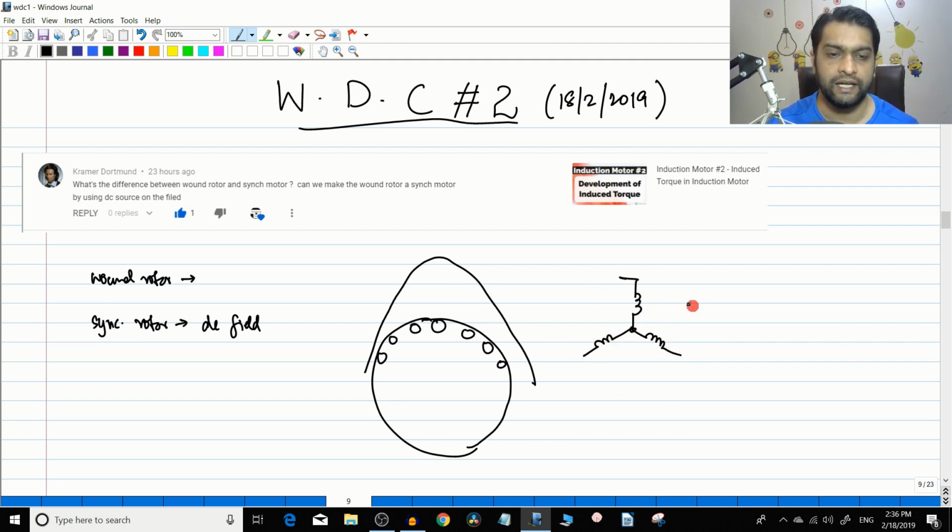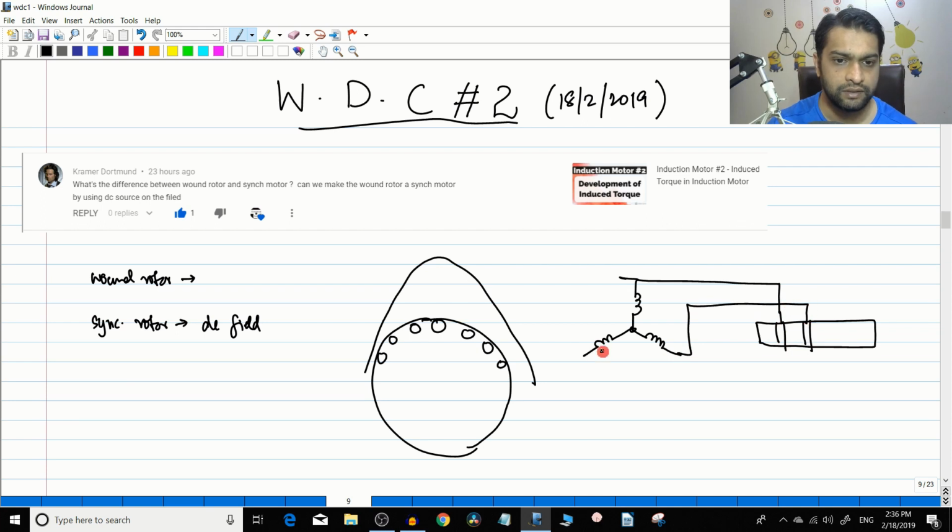They are connected like this, and the other ends are connected to the slip rings like this. So this is brought here, and this is brought here. You have brushes also.